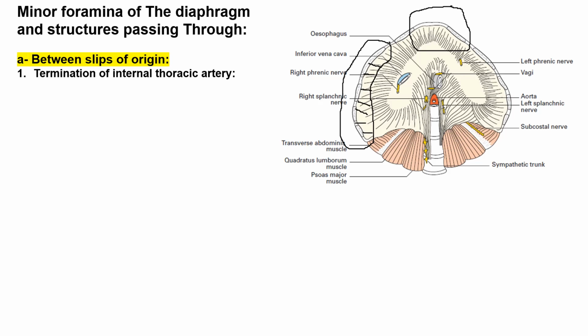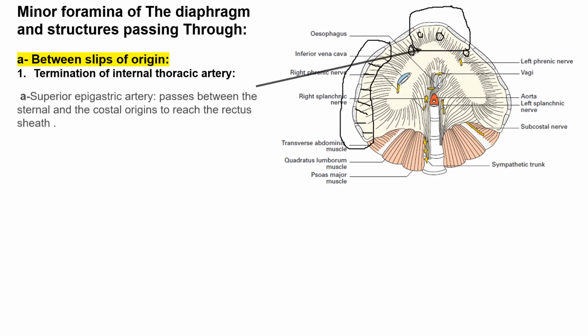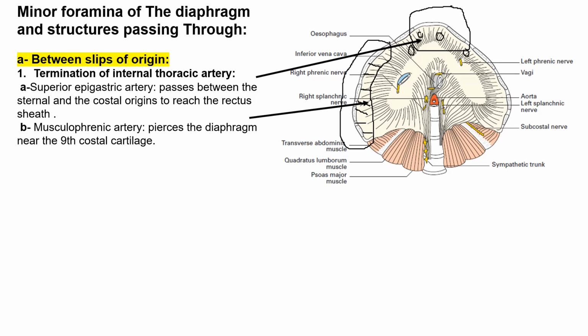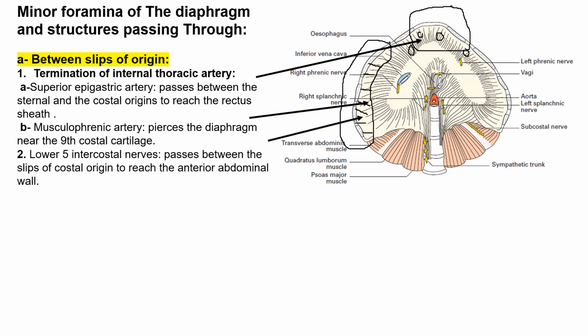And at its sternal origin, we can notice the termination of the internal thoracic artery into superior epigastric artery and musculophrenic artery. So between the slabs of origin, we have the termination of the internal thoracic artery into the superior epigastric artery and musculophrenic artery, and the lower 5 intercostal nerves passing between the muscle slips to supply the anterior abdominal wall.